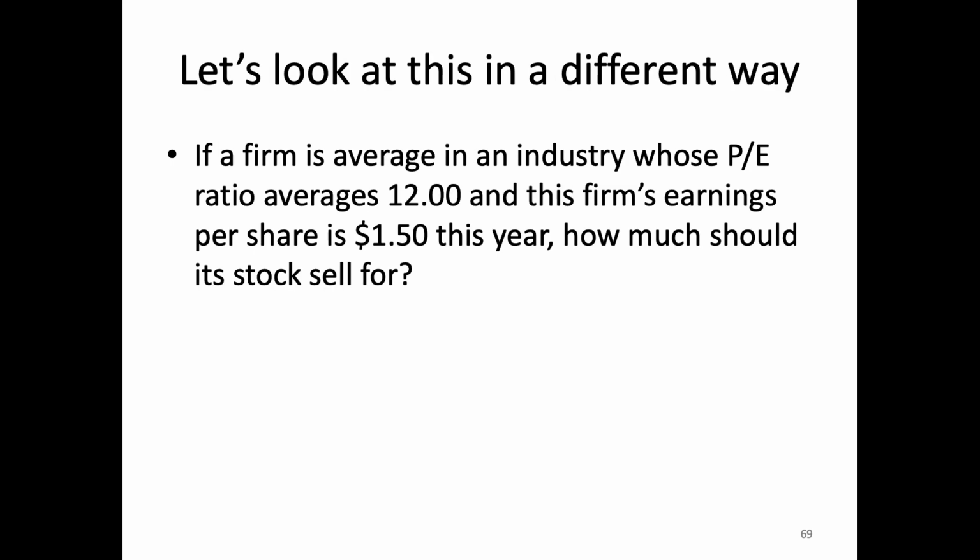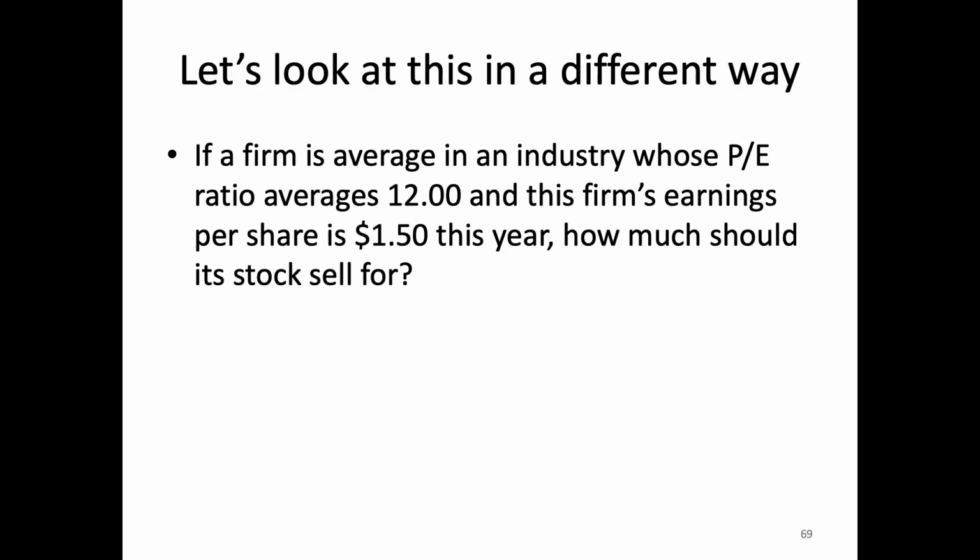So if a firm is average in an industry whose PE averages 12, so maybe what's Target in retail, like Lowe's or Target, and you have Walmart and so on. Maybe in that industry, the PE ratio averages 12. And then we get the income statement out at the end of the year and we see earnings per share is $1.50. You could say, okay, the price of the stock should sell at 12 times earnings.